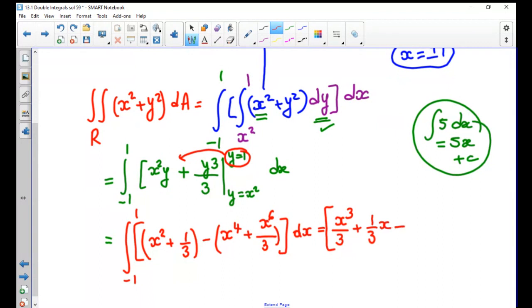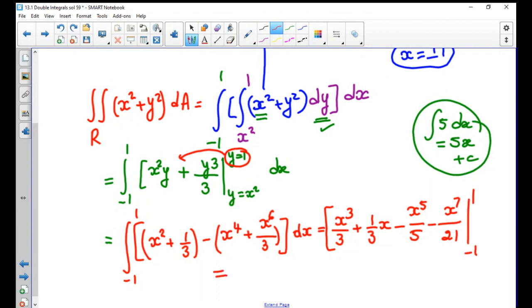Then minus x to the power of 4 will be minus x to the 5 over 5. And finally, minus x to the 7 over 21, from -1 to 1.